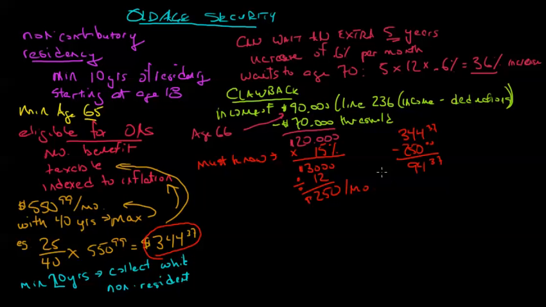That would be the remaining OAS benefit. Now, we did this calculation at age 66, so this would adjust the benefit at age 67. So this would be their age 67 benefit. And then at age 67, we would do the calculation again for 68 and so forth.